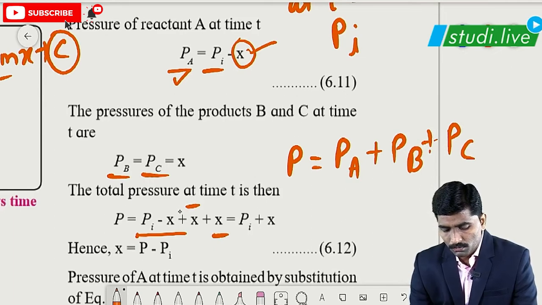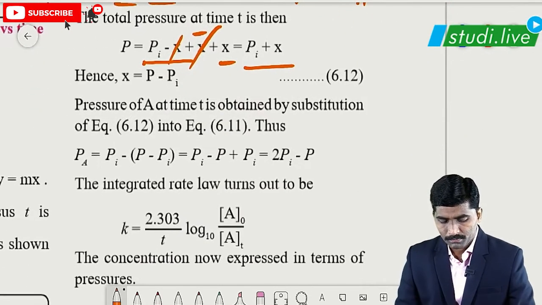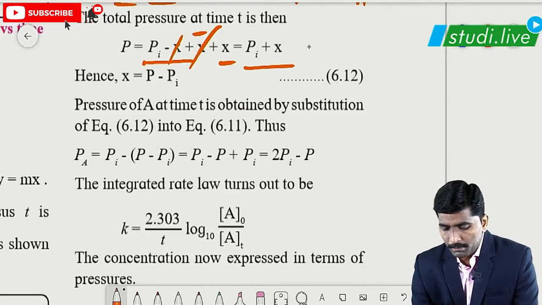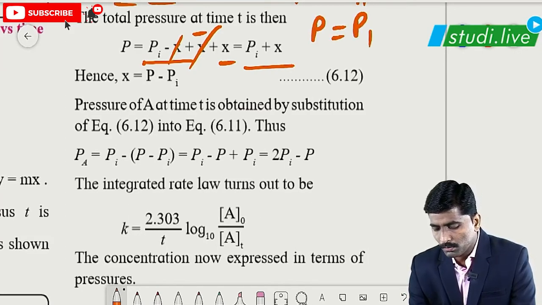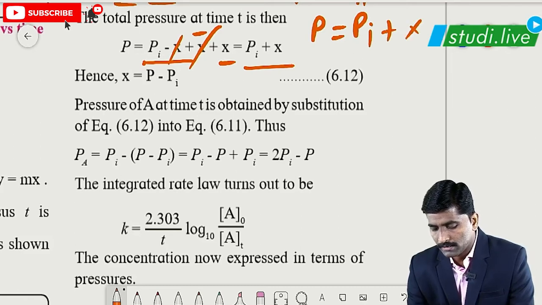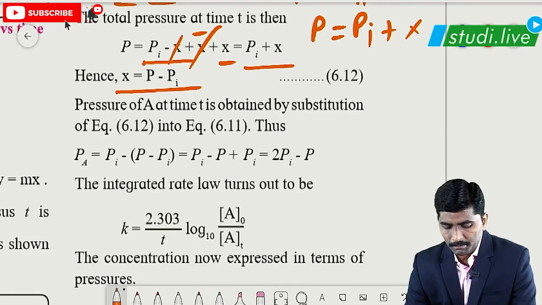One of the x will get cancelled and total pressure P will become Pi plus x. From P is equal to Pi plus x, we derive x is equal to P minus Pi.